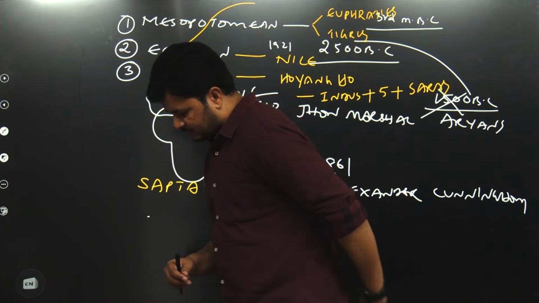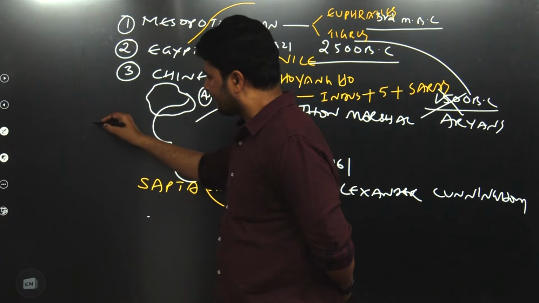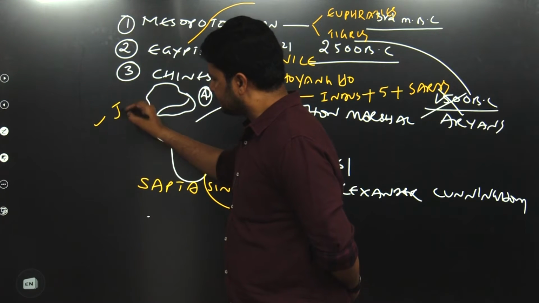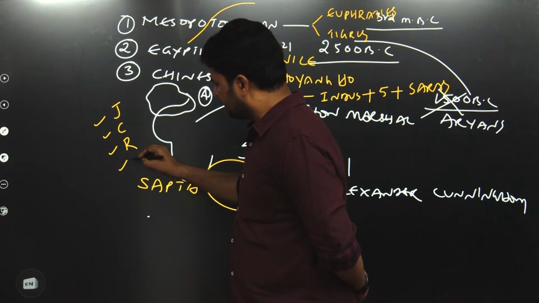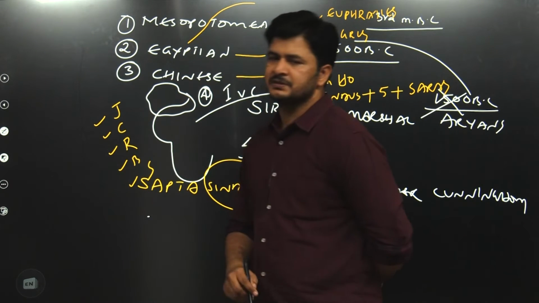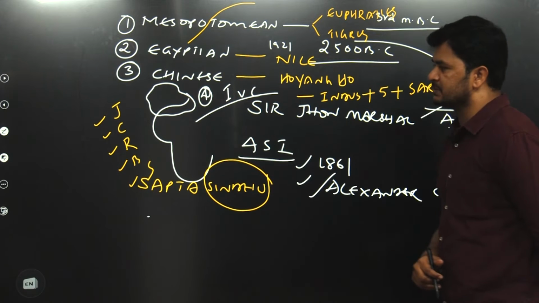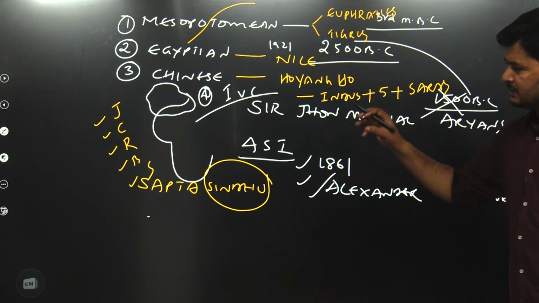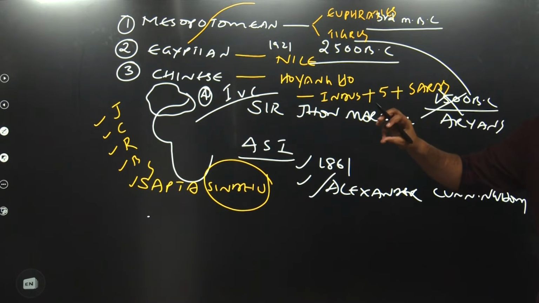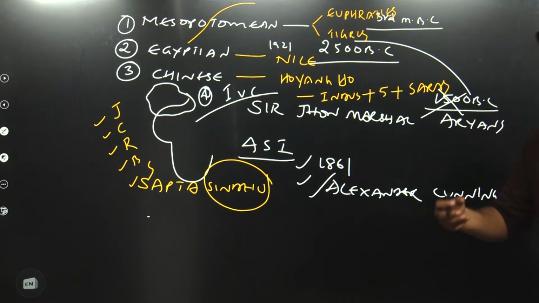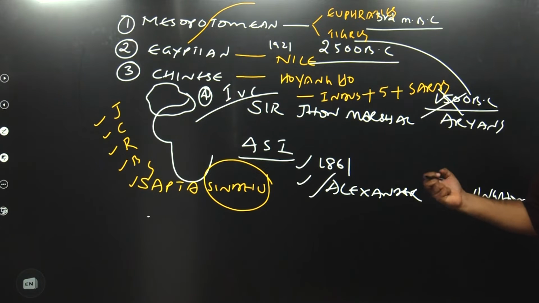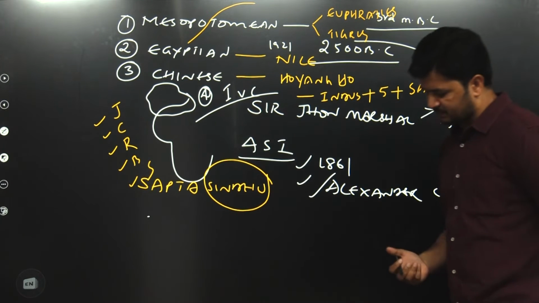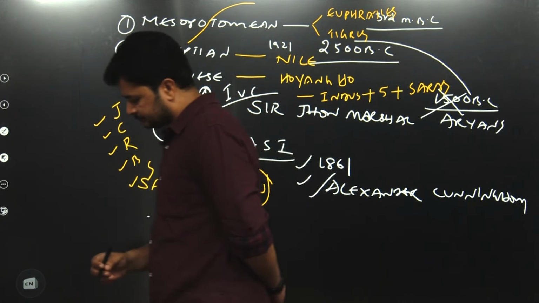What are the 5 tributaries of river Indus? Can anyone say? Jhelum, Chenab, Ravi, Beas and Satluj. The 5 tributaries: Jhelum, Chenab, Ravi, Beas, and finally Satluj. So river Indus plus her 5 tributaries plus river Saraswati make the Sapta Sindhu region or Sapta Sindhu territory.